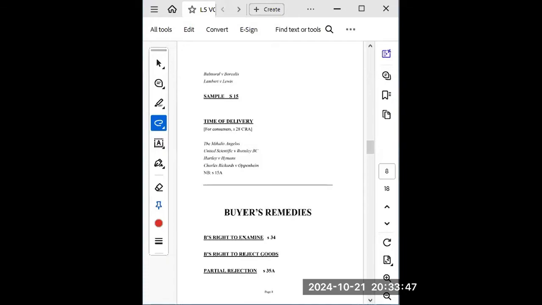Then the buyer found out that the car had been in an accident before, and had previously been submerged in water. The court held a reasonable person would not, with that knowledge, have accepted the goods. That's why the seller was in breach. That's what we need to know about the acceptability test under 14.2.